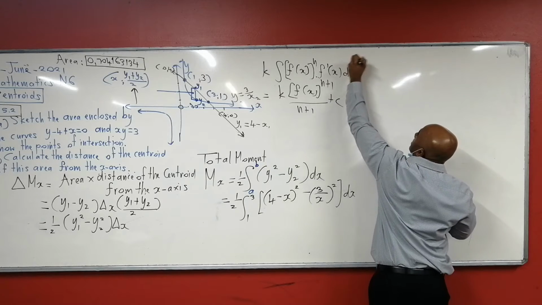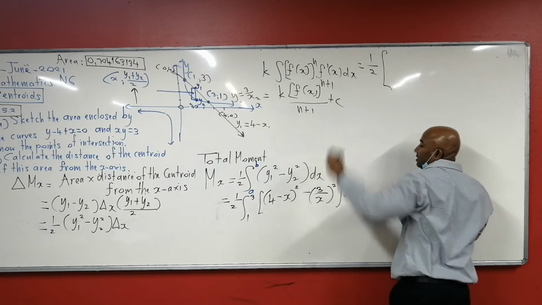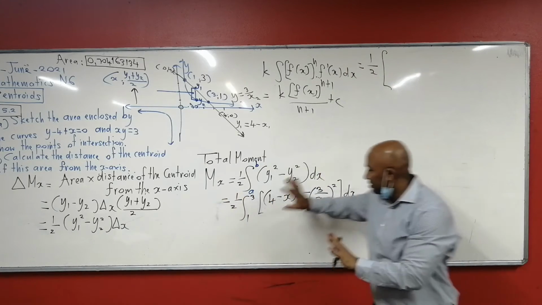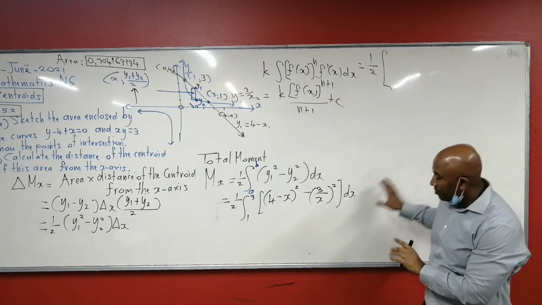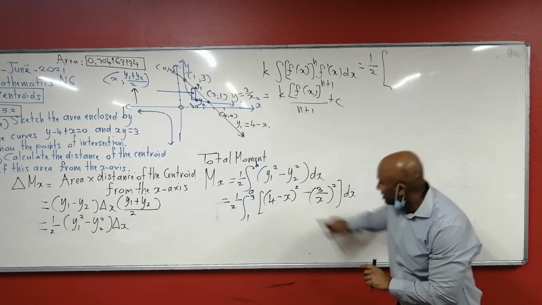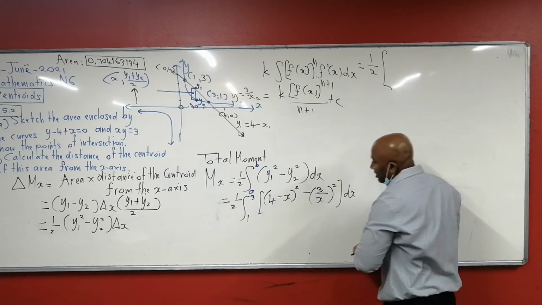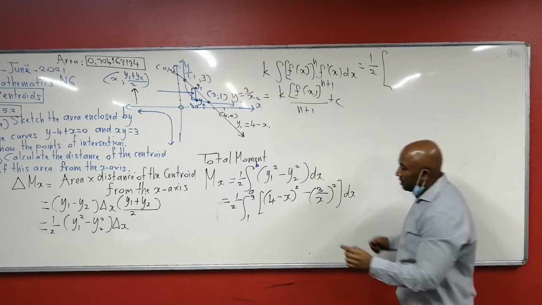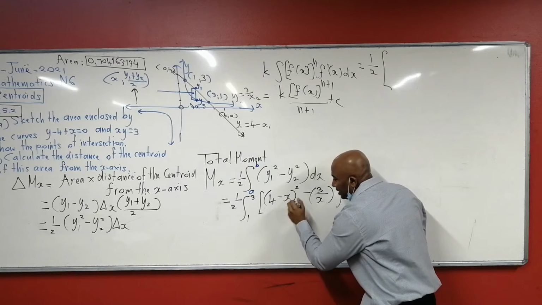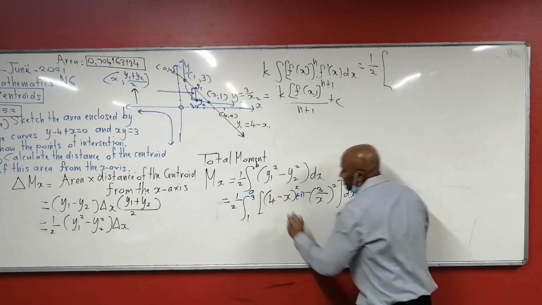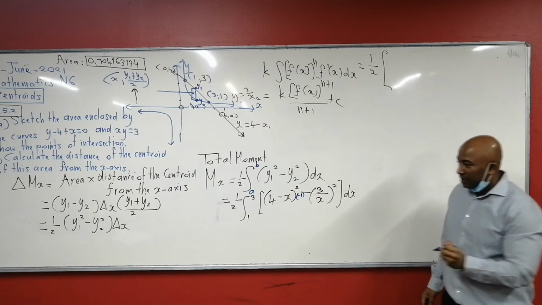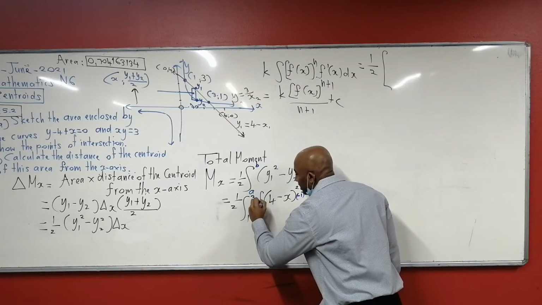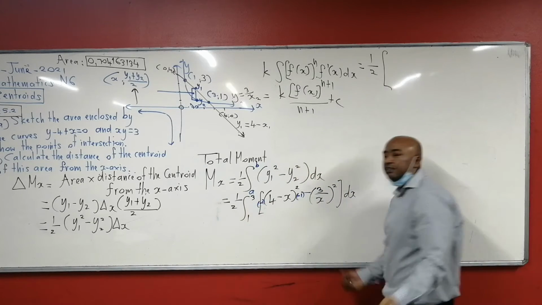Okay, so by inspection, let me just do that. So now I got this is equal to, there's the half there. So this half, I'm going to multiply it by my final answer. So I got 4 minus x all squared. Okay, so what am I going to do? By inspection, the derivative of minus x is minus 1. You clear with that? But there was no minus 1 there, so I'll multiply by minus 1 or divide by minus 1.